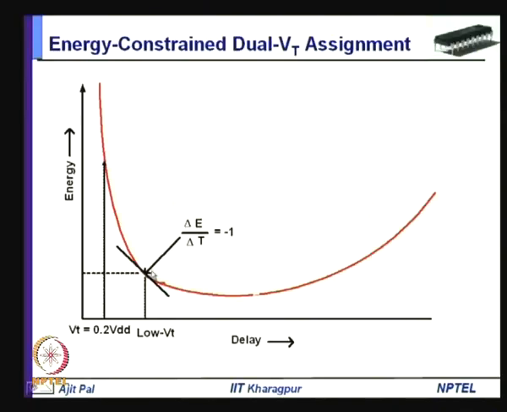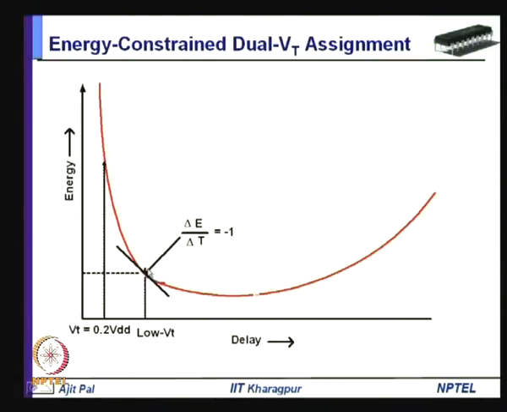Now, you can choose a point where delta E by delta T is equal to -1. That means, this point corresponds to delta E by delta T equal to -1, where you get a small increase in delay, but a larger reduction in energy.